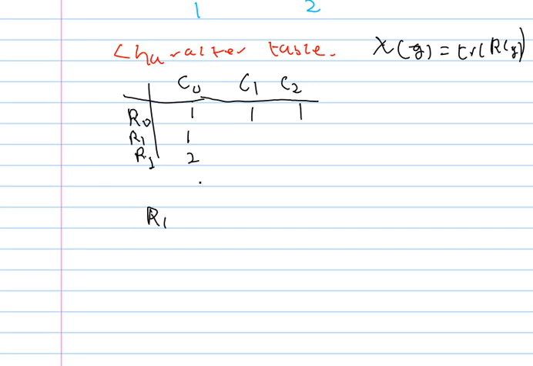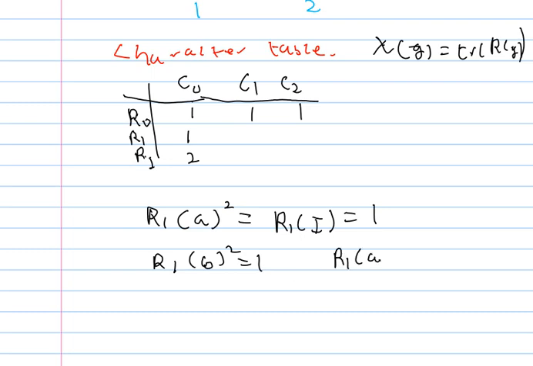We do that by noting that we require R1(A) squared must equal R1 of the identity, which must equal 1. We also have that R1(B) squared has to equal 1, and also that R1(A) times R1(B) must equal 1.